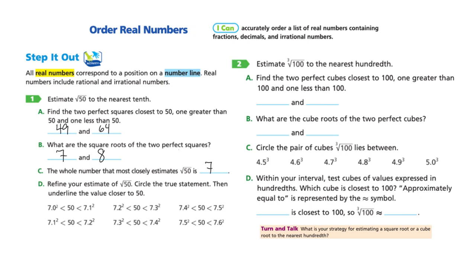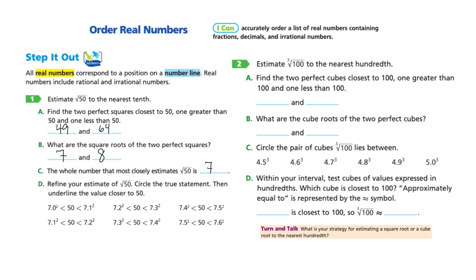So then D, refine your estimate of the square root of 50, circle the true statement, then underline the value closer to 50. So this will take some calculation on your part, these different ones. So you'll just have to go through and multiply.